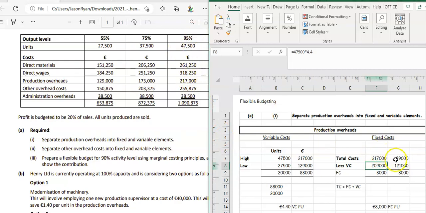And then for the low, it's 129,000. The units are 27,500, so you multiply that by €4.40. And that's the first part. Separate your production overheads into your fixed costs, which are now 8,000, and our variable costs, which are €4.40 per unit.